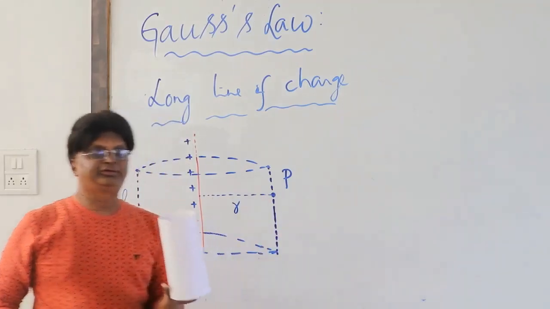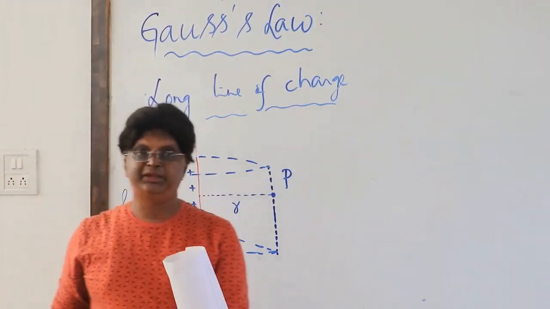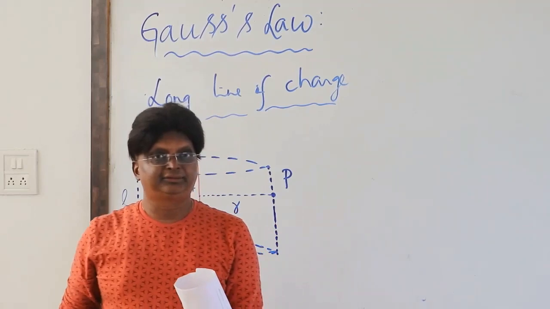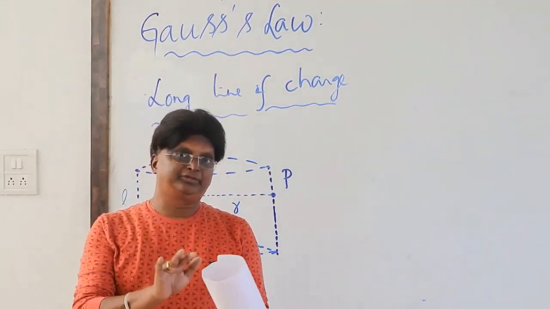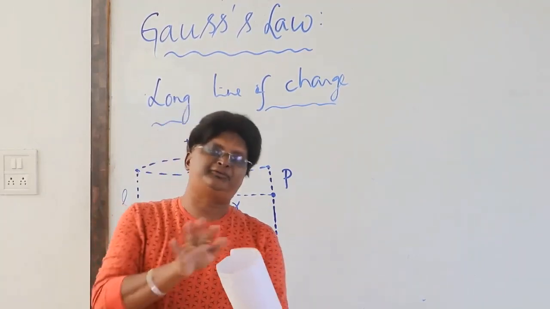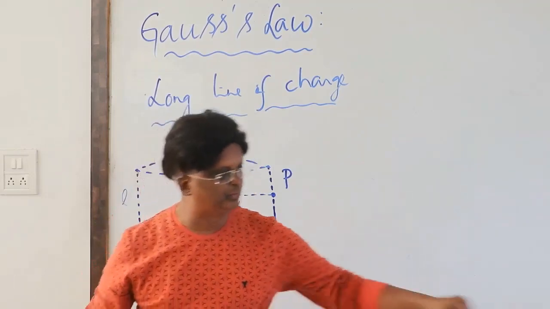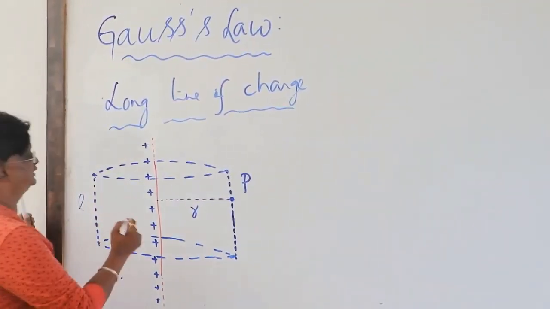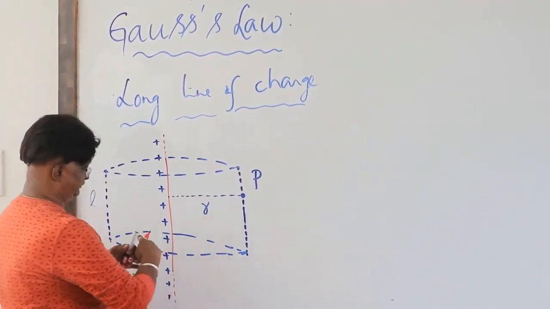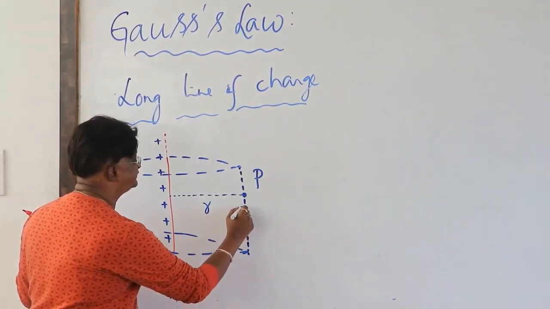So here the Gaussian surface has two types of surface elements, right? Therefore now what we will do is apply Gauss law for each type of surface. Now let us see. As earlier I have told you, this is an element I will consider on the curved surface.